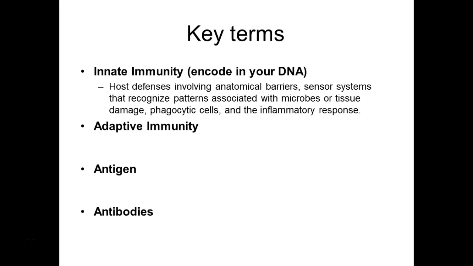So your innate immunity, what you're born with, are standard host defenses, anatomical barriers, right? So we can keep the bad guys out. We have built-in sensor systems. So when the bad guy gets past the wall, past that barrier, a sensor's tripped and an alarm goes off. So we're able to recognize specific patterns associated with microbes, with the bad guys.